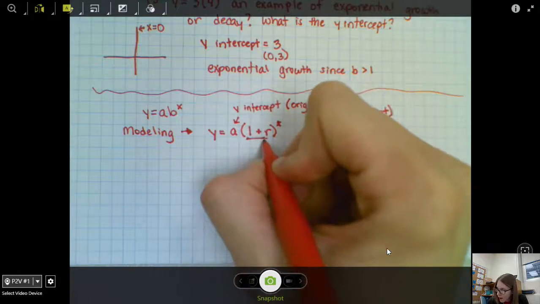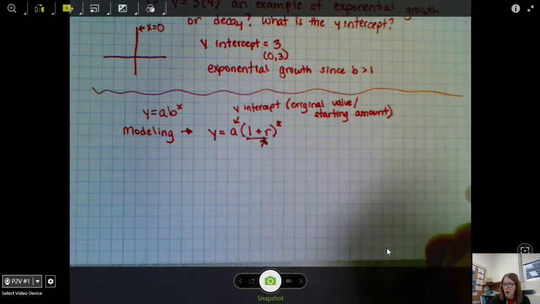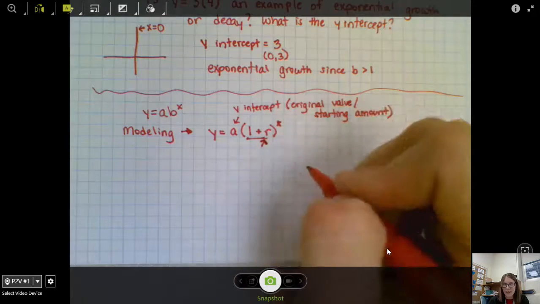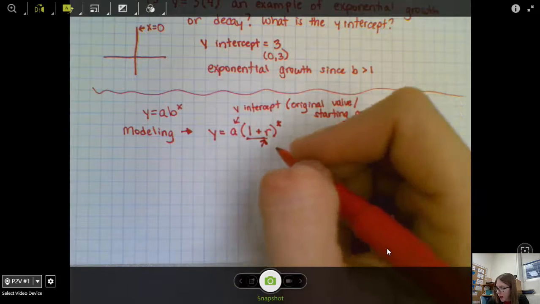And then r tells us our percentage of growth or decay.